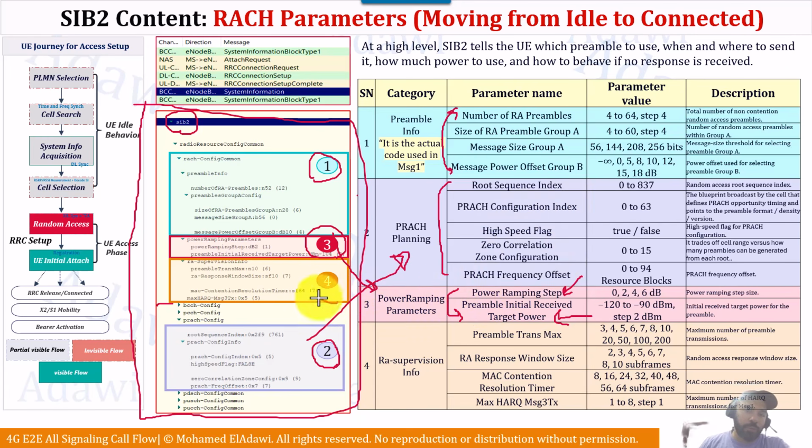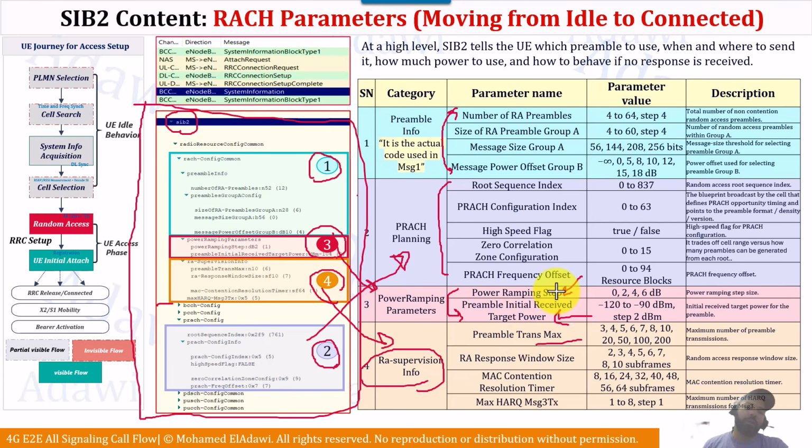Then the last part, point number 4, is related to random access supervision information, or parameters. This answers the question: what should the user do if there is a RACH failure, or if the network, for example, didn't respond to whatever messages the user has sent? This mainly controls the supervision parameters, such as the waiting time for a specific message, or retransmission, the maximum retransmissions allowed, how long he can keep retransmitting until he considers it a radio link failure, for different messages, which can be message number 3 or even the preamble transmission, which is message number 1.